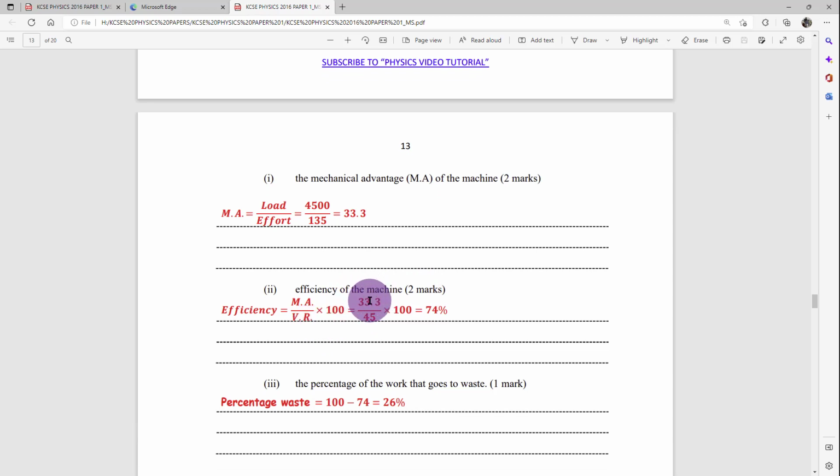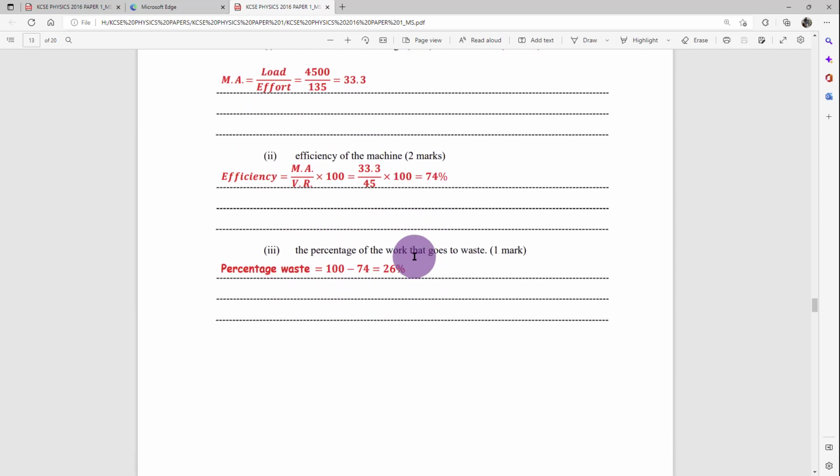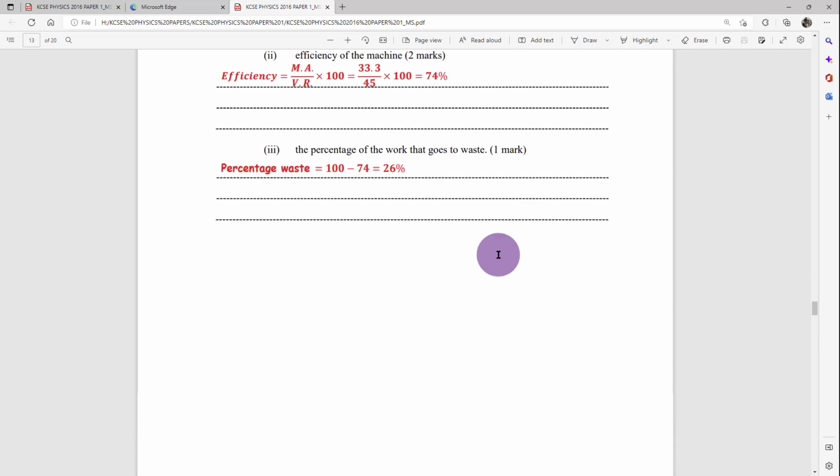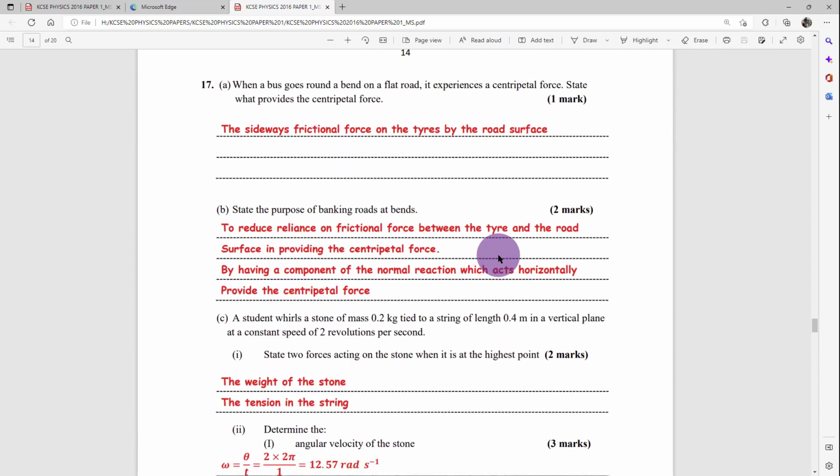The mechanical advantage that we've obtained here divided by the velocity ratio given gives me 74%. That means that the percentage of the work that goes to waste is 100 minus 74, which is 26%. So that question was just as simple as that.